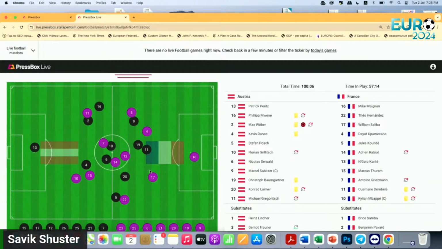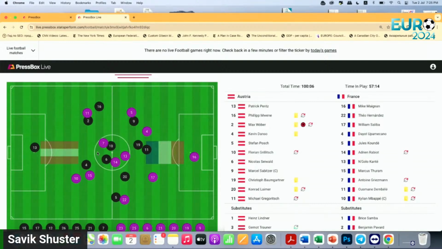Yeah, they keep basically two defenders, Saliba and Upamecano, and Koundé. Well, the only defender we really kept very tight. Posh was playing with Theo Hernandez. Besides that, they both play in Serie A, and Posh knows quite well Theo Hernandez, but Theo Hernandez is a danger, and Austria knows it.